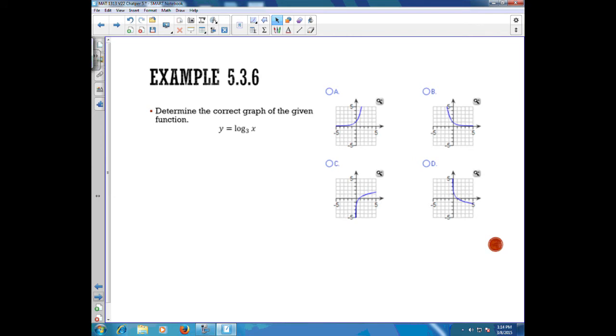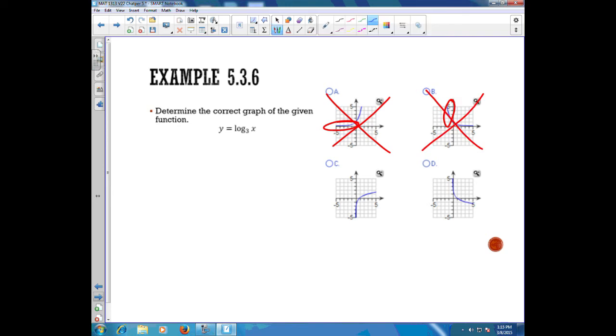So, for this example, we just want to determine the correct graph for y equals log base 3 of x. We can eliminate 2 of them immediately. For a, we have values of x that are less than 0, so it can't be a. For b, we have the same problem, values where x is less than 0, so it can't be b.